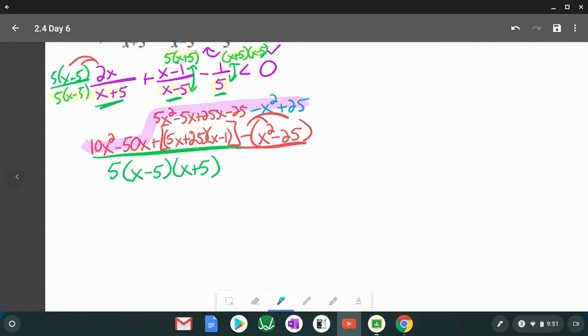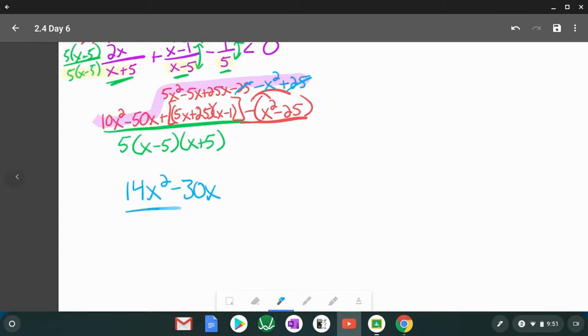We have 14x squared, minus 30x. And that's it, right? The 25's cancel. So that's what we got: 14x squared minus 30x. So it ended up working out pretty nicely.